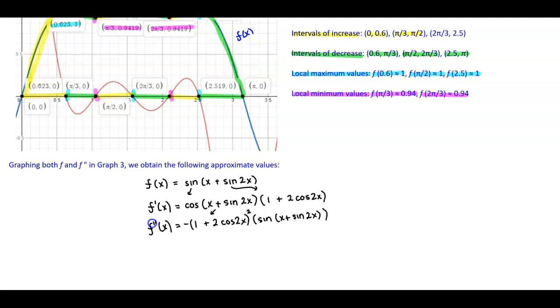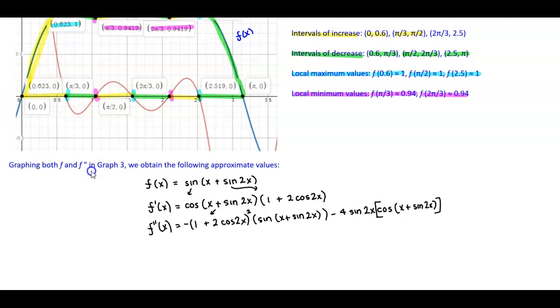And then using the product rule, this is now going to become the derivative of 1 plus 2 times the cosine of 2x, which is going to give us negative 4 times the sine of 2x, times the cosine of x plus the sine of 2x. Okay, so we're multiplying those together. So this gives us our second derivative.